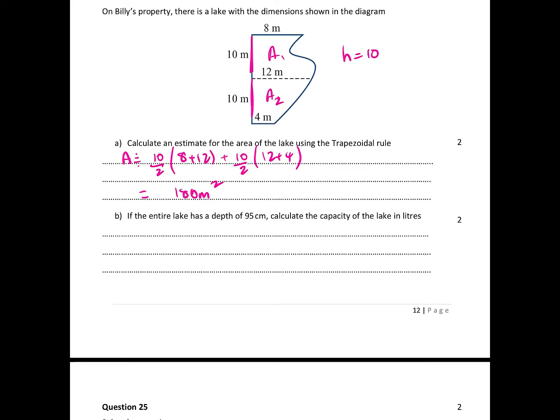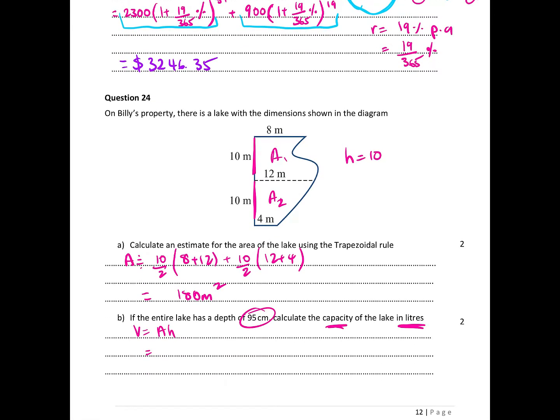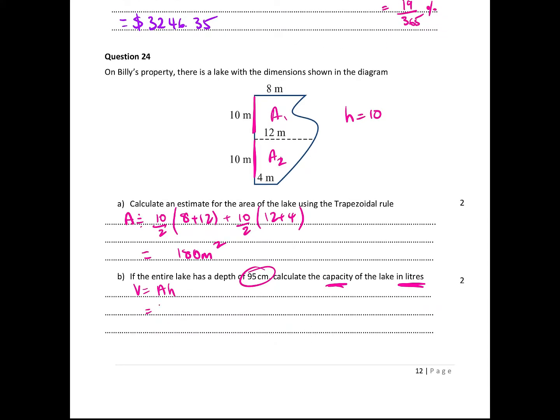Part B, if the entire lake has a depth of 95 centimeters, calculate the capacity of the lake in liters. Okay, so I'm going to have to approach this as a volume question where we know the volume is your cross-sectional area times the height. I already have the cross-sectional area of this lake, and it's 180 square meters, and the height is 95 centimeters.